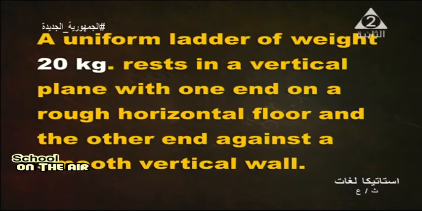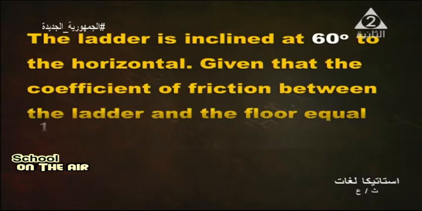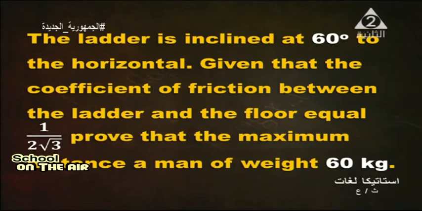Now we move to another example. A uniform ladder of weight 20 kilogram rests in a vertical plane with one end on a rough horizontal floor and the other end against a smooth vertical wall. The ladder is inclined at 60 degrees to the horizontal, given that the coefficient of friction between the ladder and the floor equals 1 over 2 root 3.